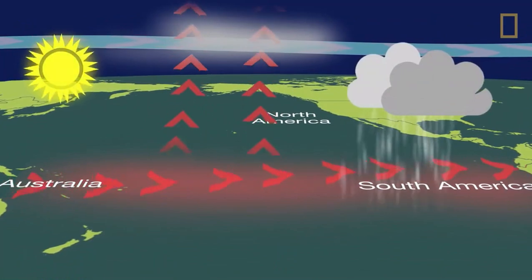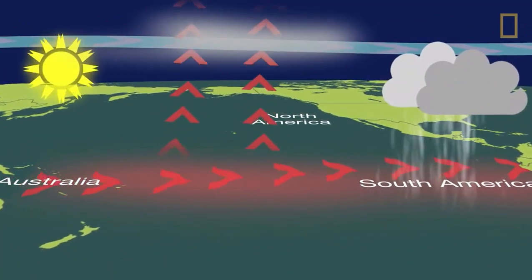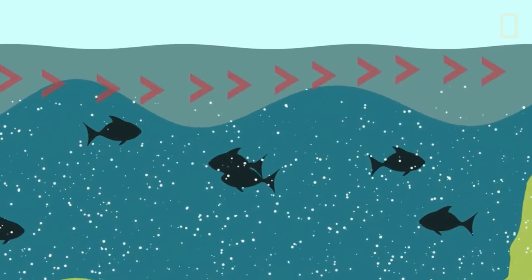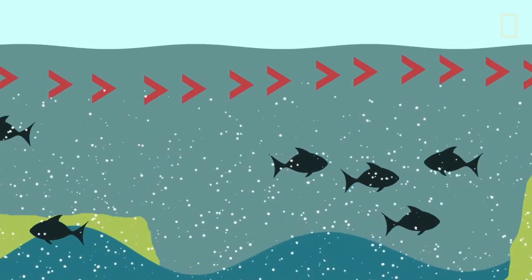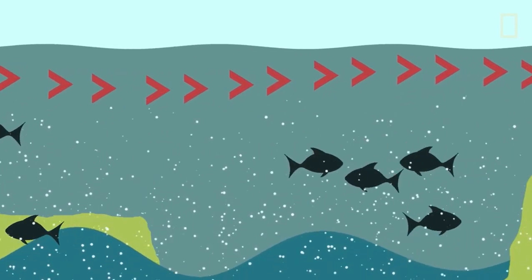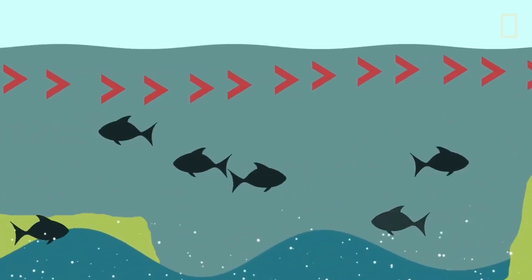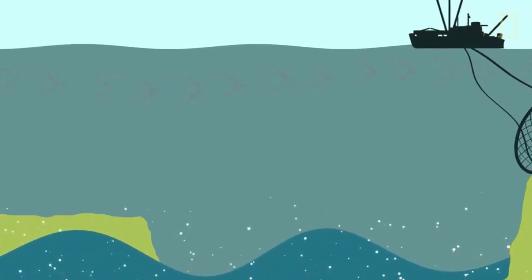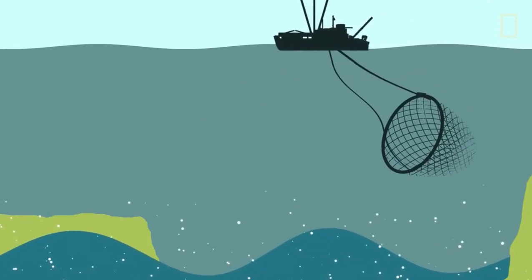Moisture then rises into the air, and the effects of El Niño are felt throughout the Americas. In the ocean, warm water pushes colder water downward, blocking the important upwelling of nutrient-rich waters from the bottom. This causes some marine life to migrate to colder waters. Animals that normally feed on the sea life suffer, and fisheries throughout Central and South America suffer too.